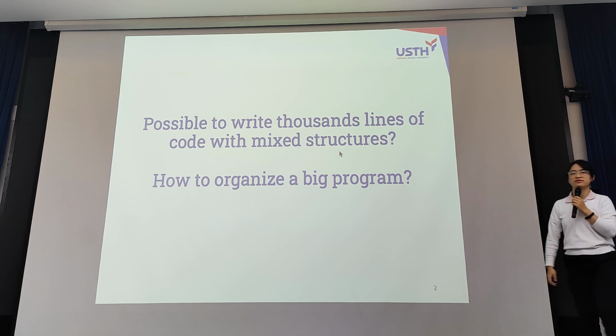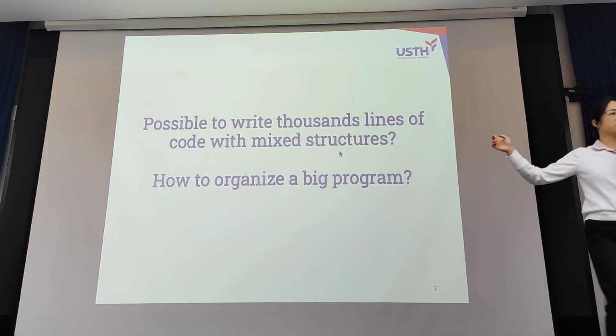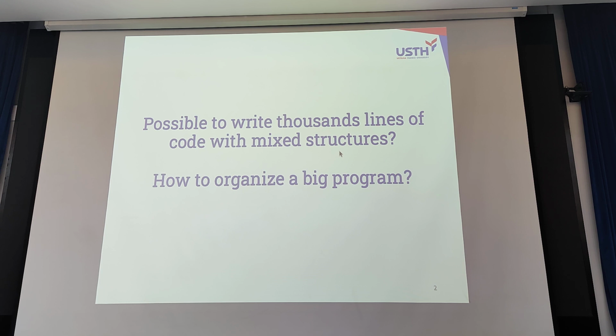Any idea for these questions? Let's say we have 1,000 lines of code with mixed structure. How to organize them in a big program?